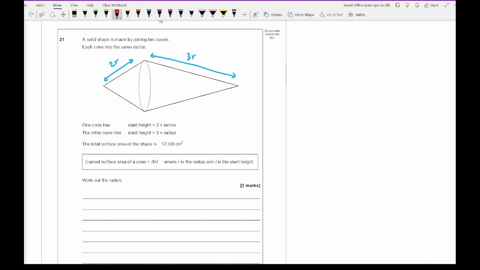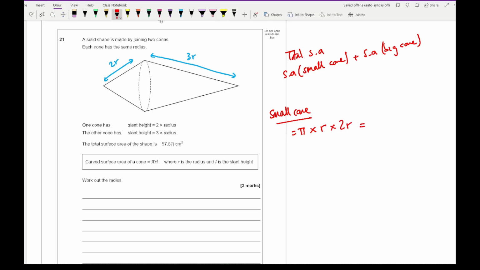So to work out the total surface area, it's the surface area of the small cone plus the surface area of the big cone. Looking at the small cone and using that formula, the SA is going to equal pi times the radius, which is r, multiplied by the slant height, which in this case is 2r.